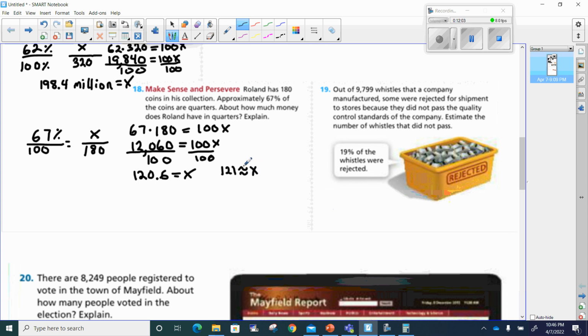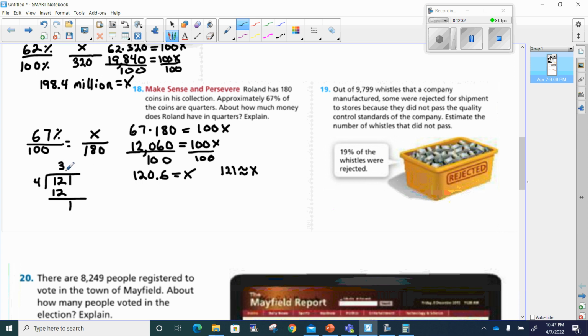And now, if I have 121, how much money would that be? Well, we know 4 quarters make $1, so we're going to have to divide 121 by 4, and then we'll know how many dollars we made. 4 goes into 12 3 times, leaving 1.